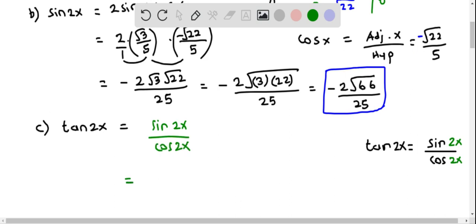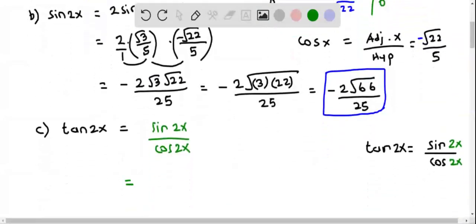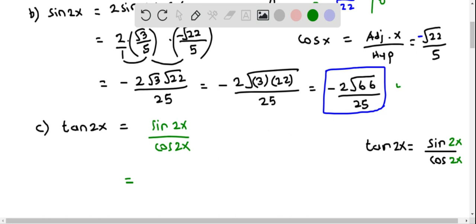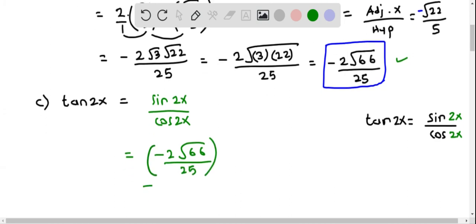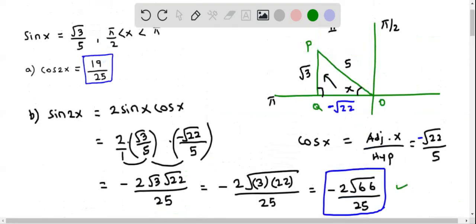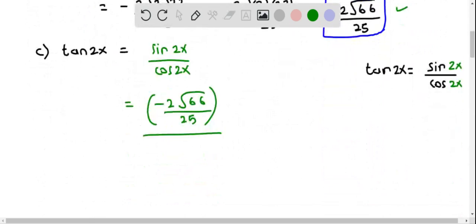We already have these values, which we determined in part A and part B. So I'm going to replace sine 2x, which is negative 2 times root 66 over 25, and this should be over the cosine 2x, which is 19 over 25. Now let's simplify this fraction.